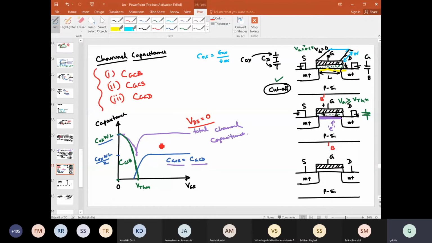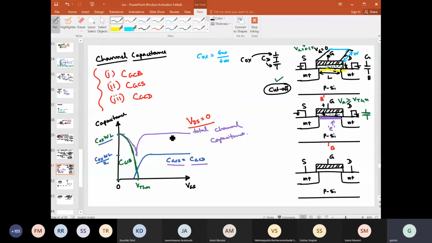But you might say, and that point is also valid, that when we are operating a MOSFET, we never keep both source and drain at zero voltage, right? That is absolutely right. But we are trying to do it step by step.